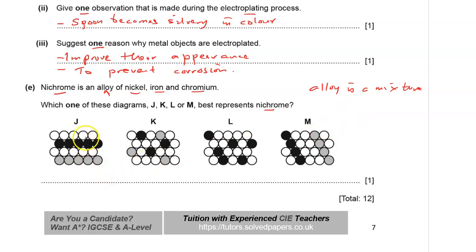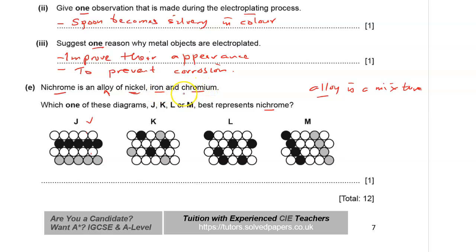You can see the structure in J has the three different atoms, 1, 2, 3, 4, but the atoms are arranged in a regular pattern. That is not the case with alloys. In a mixture, you don't order the way the atoms of different metals, like here nickel, iron, and chromium, are arranged.